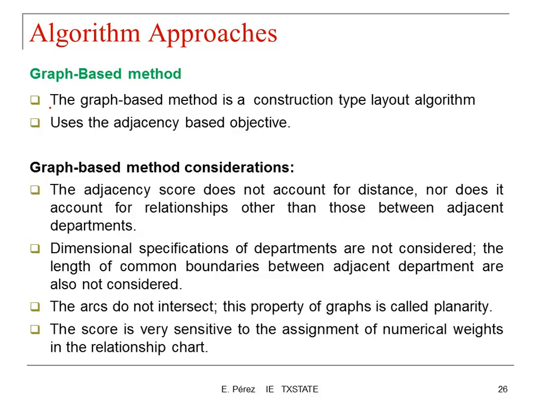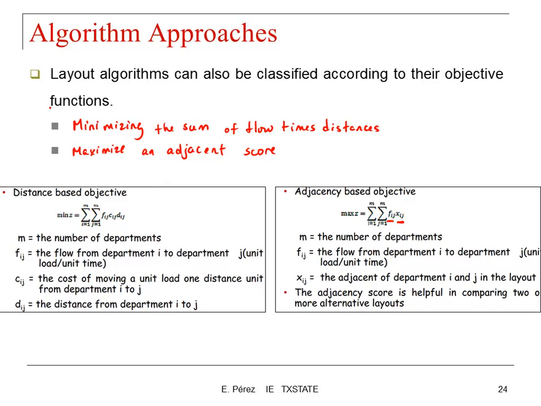This algorithm is a construction type algorithm. So we are assuming that we don't have any departments in our facility already. And it uses the adjacency-based objective function. So we are trying to maximize the relationships between the departments.